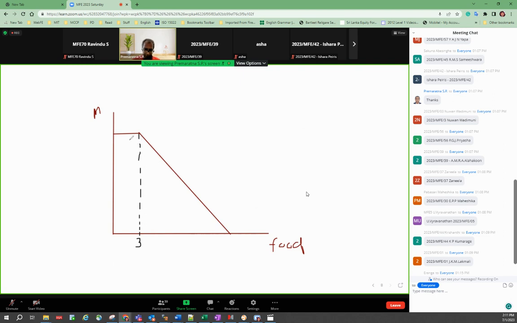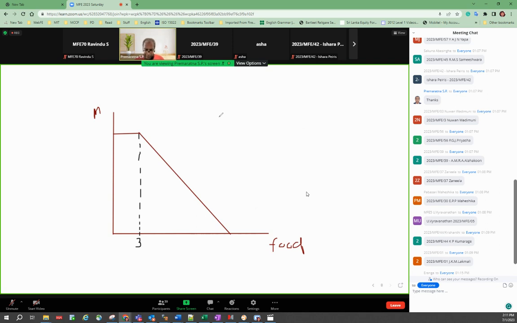Or maybe the government can give a coupon. With that coupon, you can get 3 kilos free of charge. After that, if you want to buy more, the usual budget line applies. Another thing is that the government or even private businesses can give a discount.